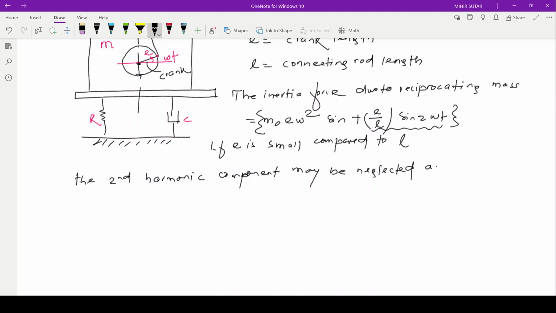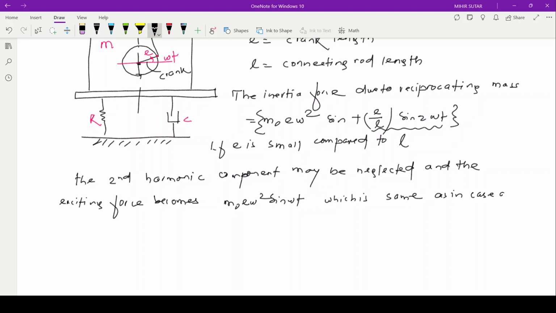and the exciting force becomes m0 e omega square sin omega t, okay, which is same as in case of rotating unbalance.